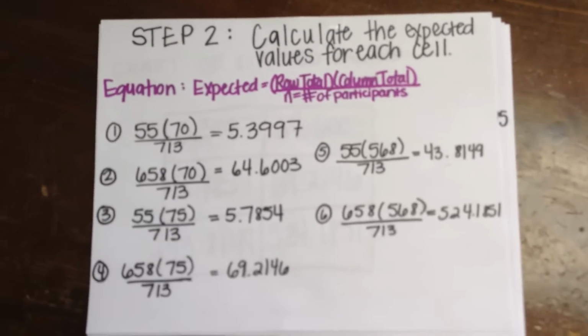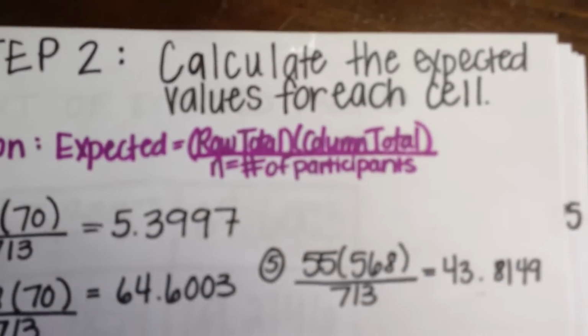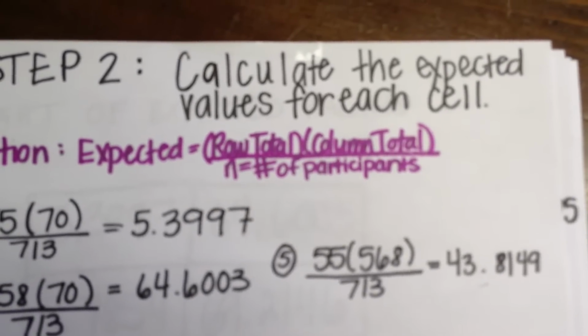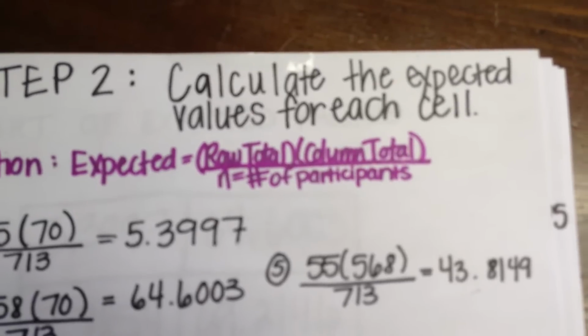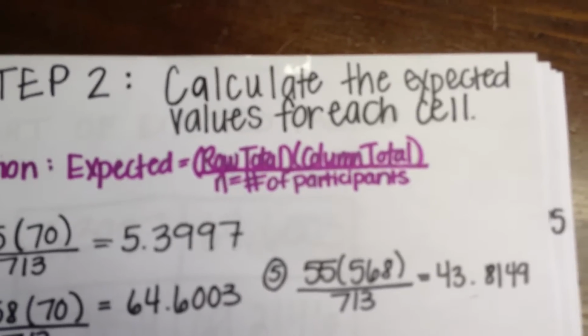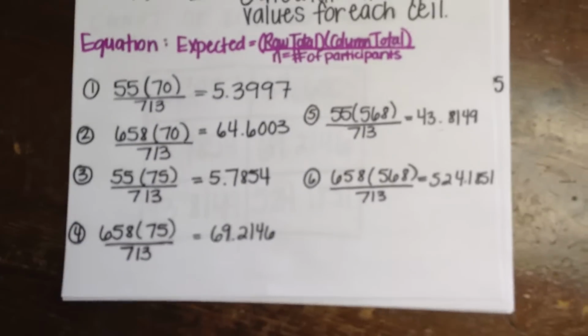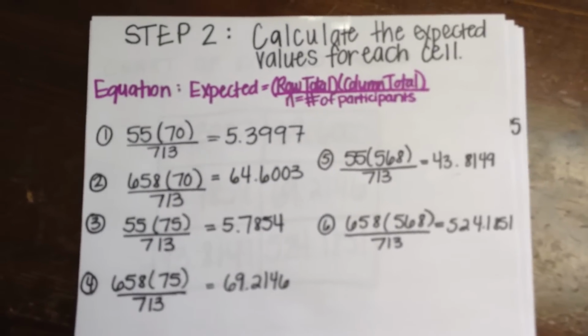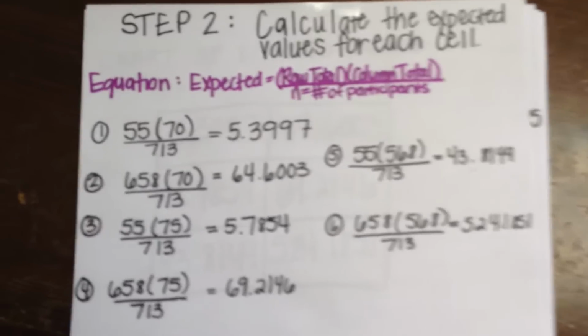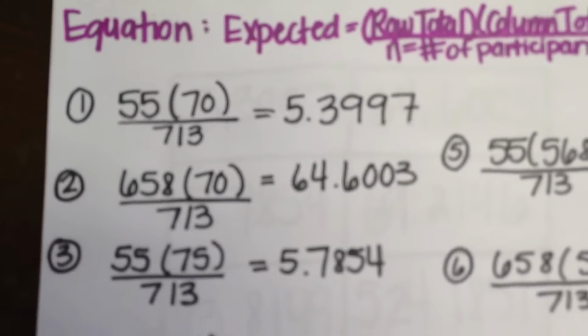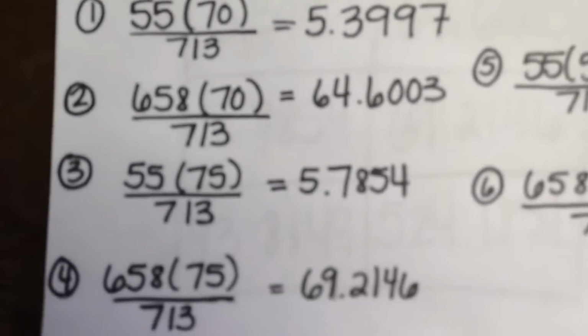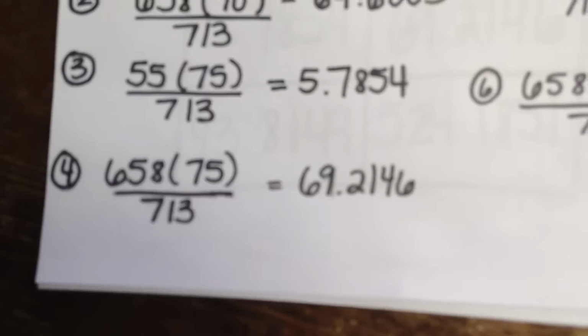Step 2 is to calculate your expected values for each cell. As I stated before, the equation for expected is row total times column total over N, which is the number of participants. As you see, I have already worked all the equations out for you. Feel free to pause this video at any time to get your expected values.